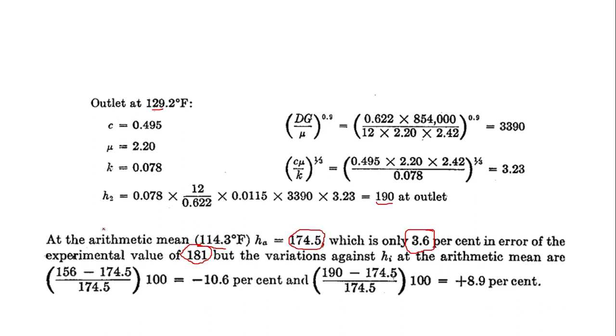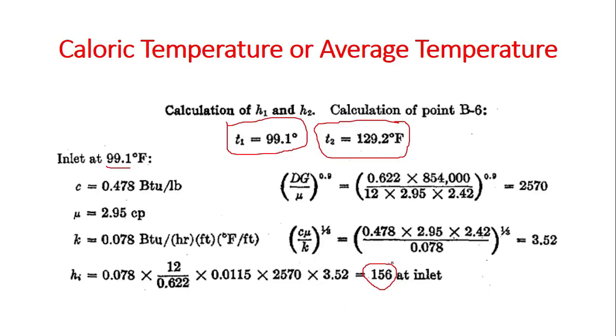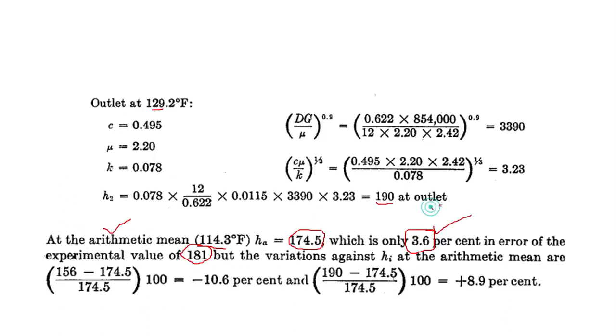When we compare the inlet or the outlet temperature value against the experimental value, the percentage error would be minus 10.6% or plus 8.9%.